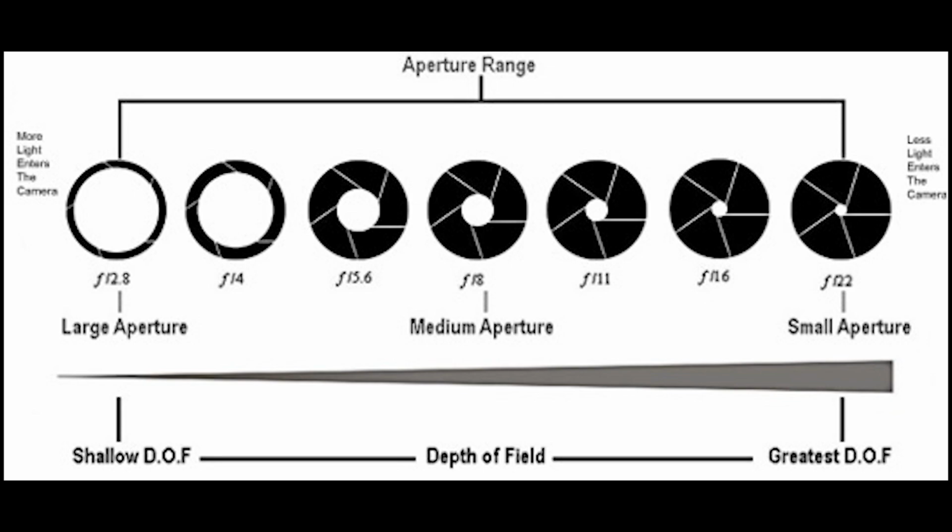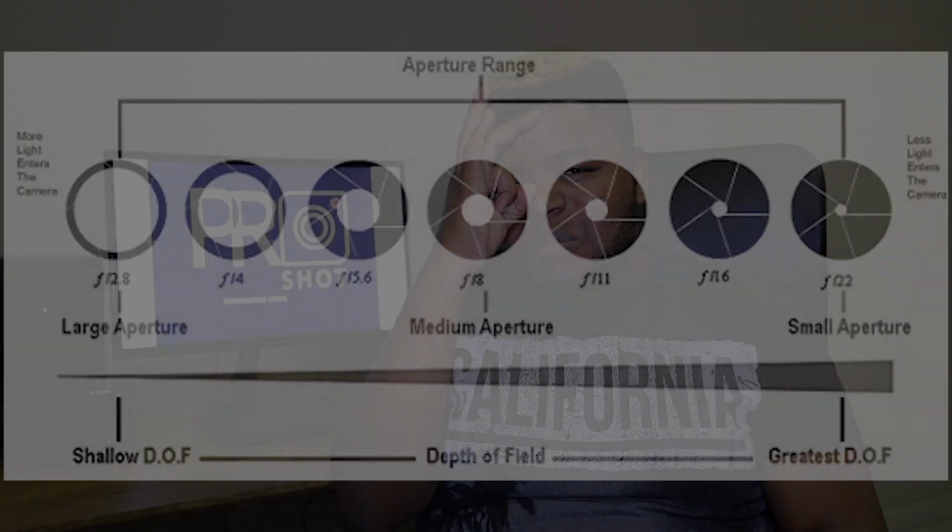When you go to f16, the opening of your aperture starts to become smaller, and as you go all the way to f22, your aperture becomes smaller and smaller. So when you're at f22, your opening can probably be as small as this, as you can see on the graphic.